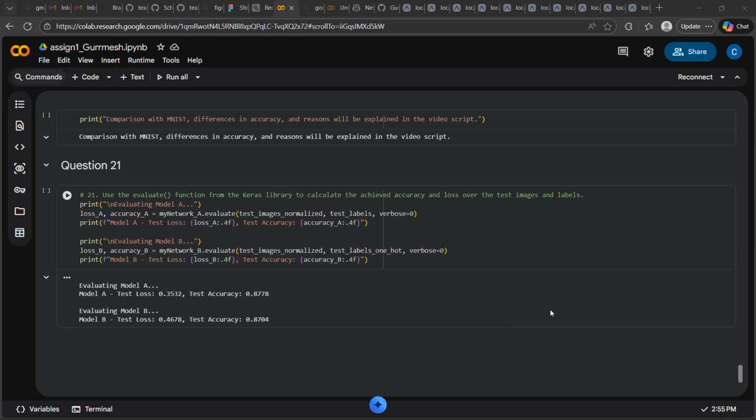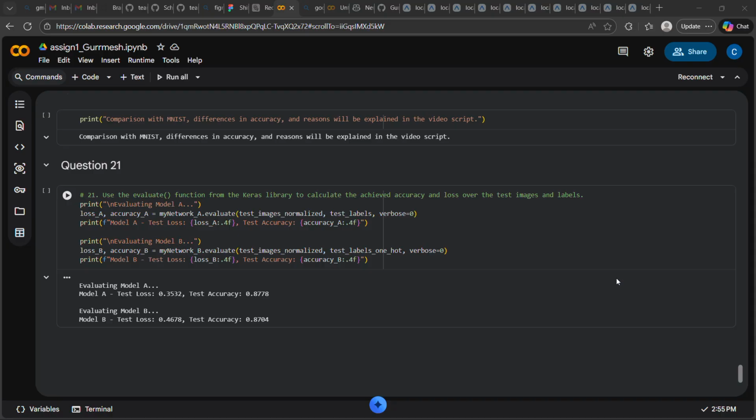Now, question 22: evaluating accuracy and loss and detecting overfitting. After training, we use the evaluate function to assess our models on the unseen test images. Model A, test loss 0.3613. Model B, test loss 0.4681.